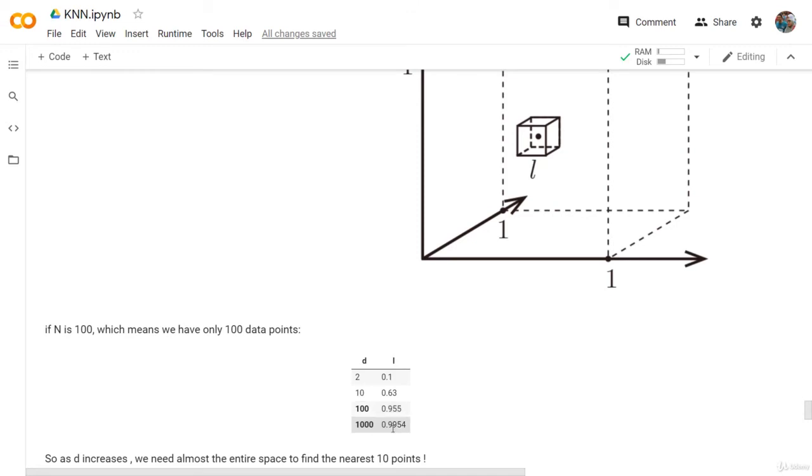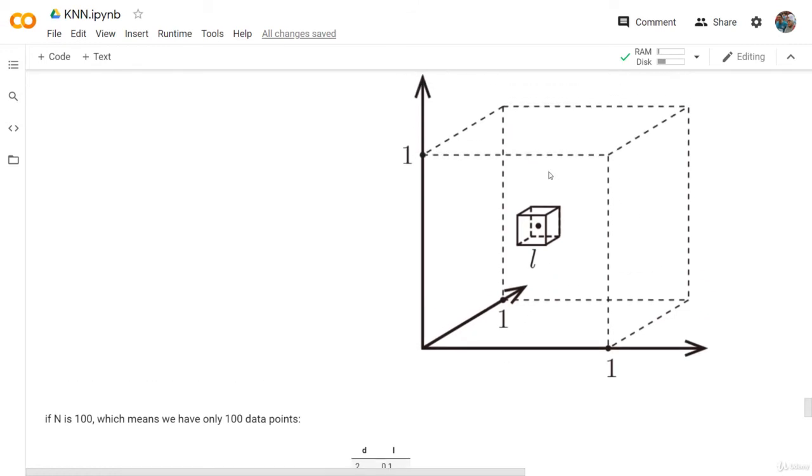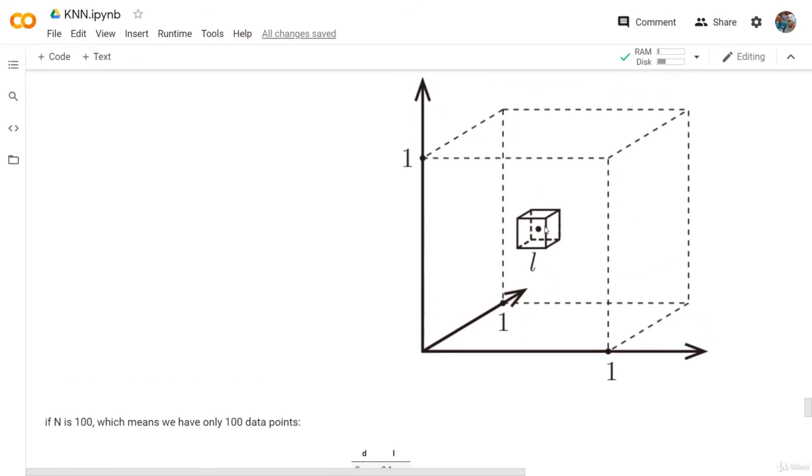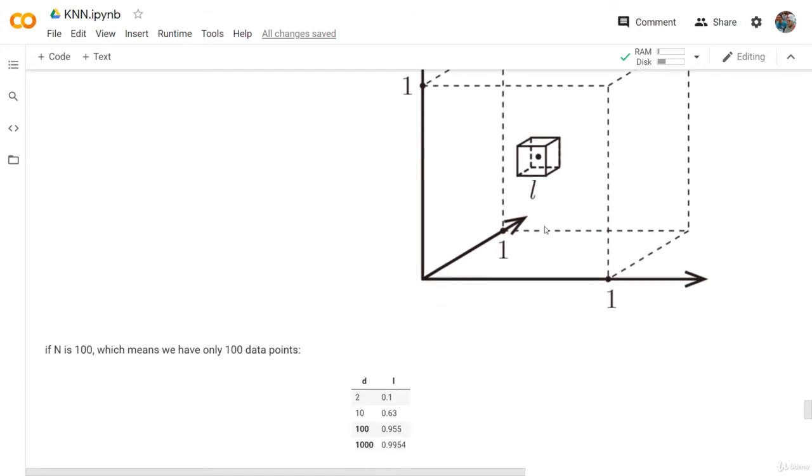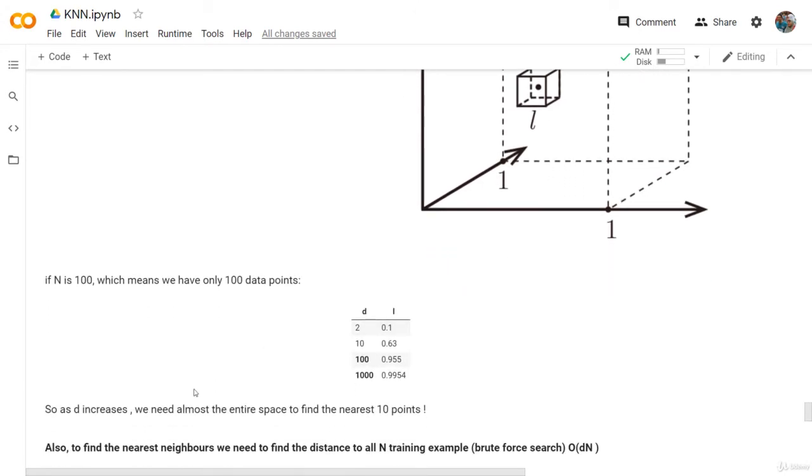So as we can see, if we increase the number of dimensions, then this hypercube, or the number of data points you need to search in order to find the k nearest neighbors, increases exponentially. As d increases, we need almost the entire space to find the nearest 10 points.